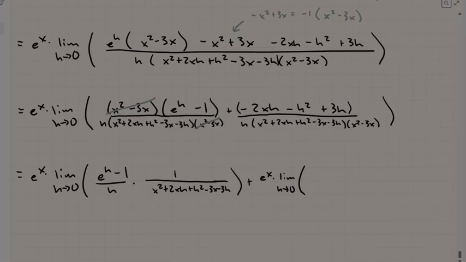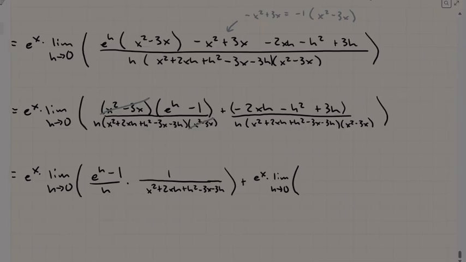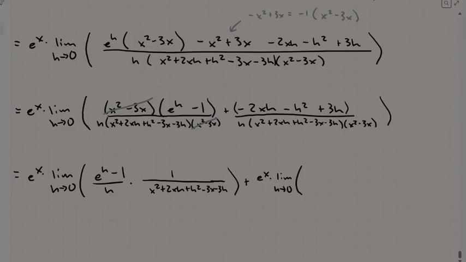Now using this second term, I didn't notice this earlier, but we can actually go ahead and get rid of this h. Every term in there has an h. And that's going to help us to simplify this next line.